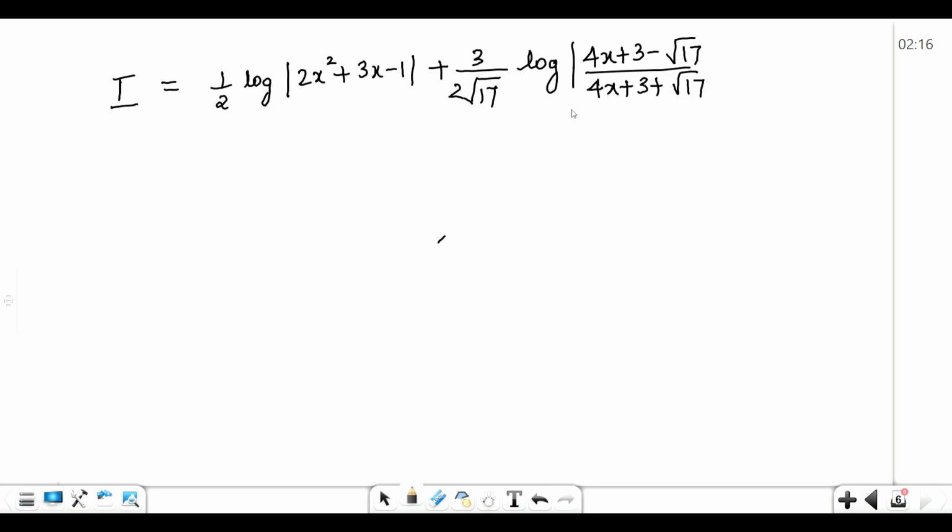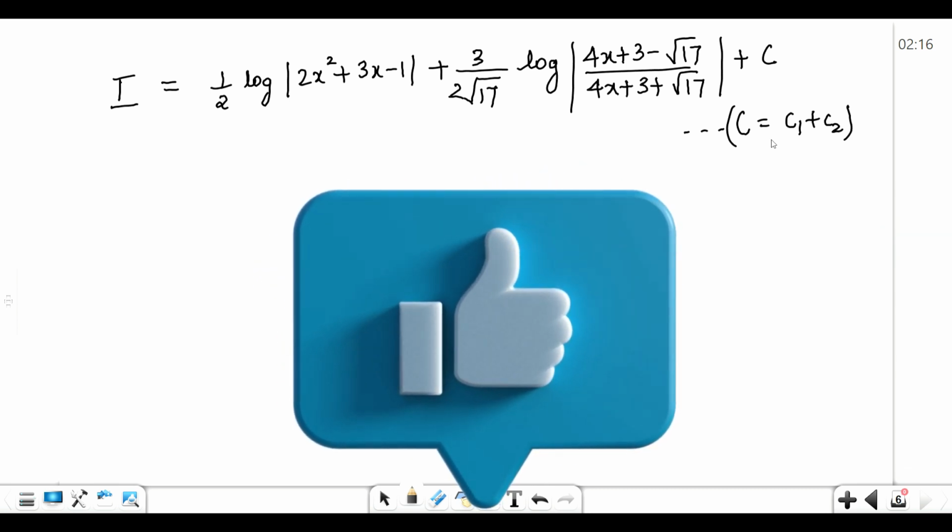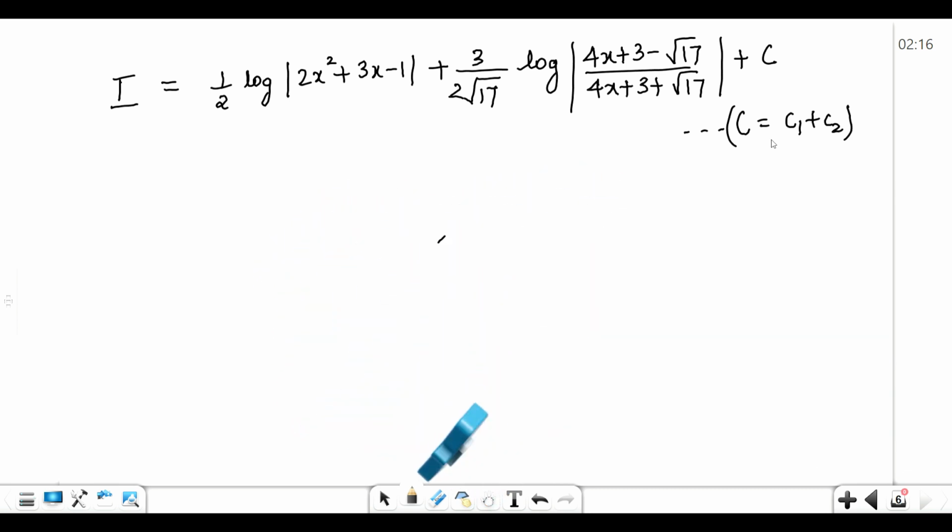That's it. We'll write the capital C here, and capital C will be C1 plus C2. You have to write this, don't forget. Okay, so this was the first sum, which was the linear term upon the quadratic term.